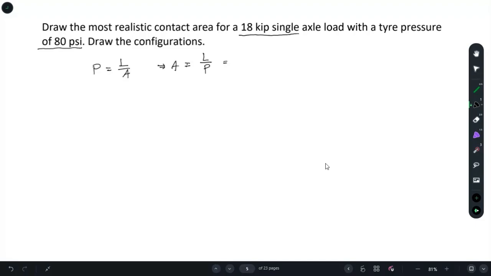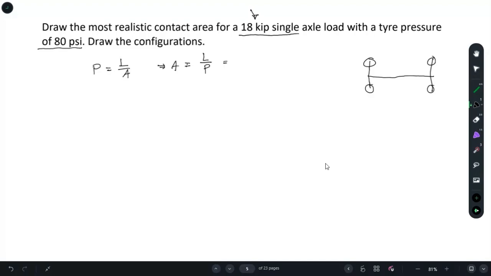Again, we have an 18 kip single axle load. So it can be seen as an axle system. Let's see, it's the top view. It's an axle, and for a single axle load, it has two wheels there, and it has another two wheels there. So we have four wheels, and this 18 kip load is distributed to four wheels.